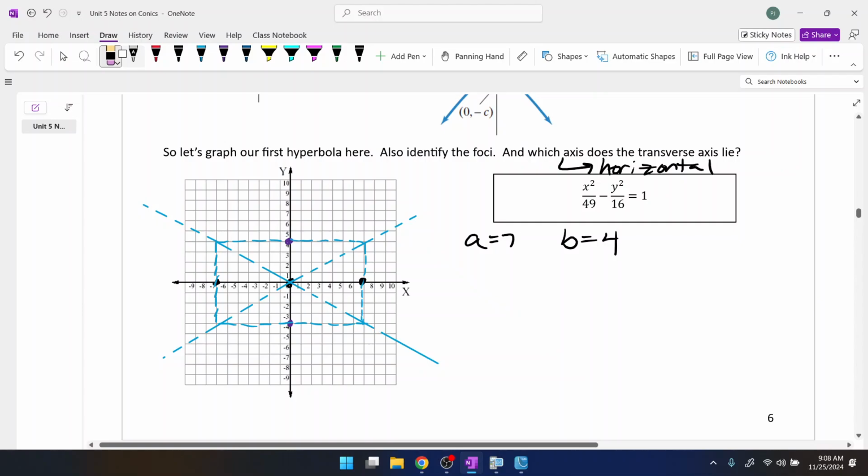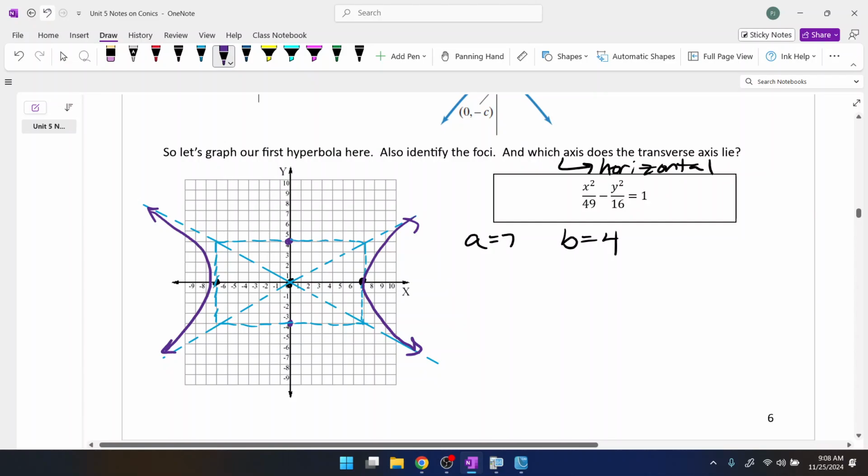Well, here's the thing. Making the box is nothing new here, but you're going to just draw the curve, and it's going to straddle this in a way. So in other words, the curves of this hyperbola should never go outside of these vertices here.